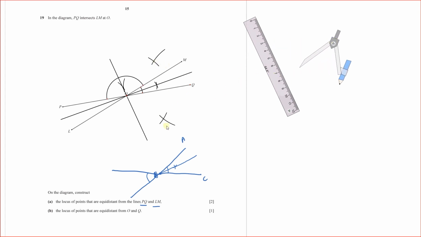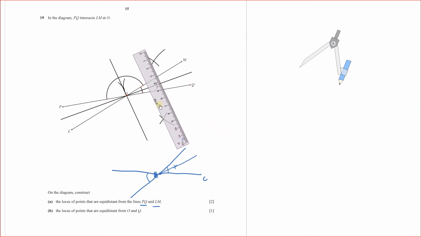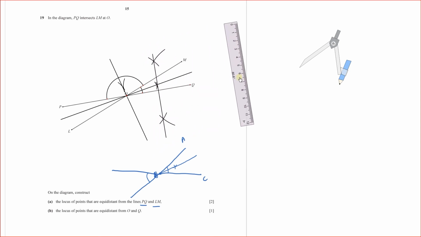Now if I join these 2 points here, I will get the bisector of line OQ. So this line here is the locus of points that are equidistant from O and Q, which is the perpendicular bisector of this line OQ.